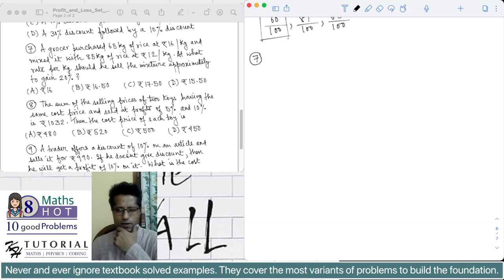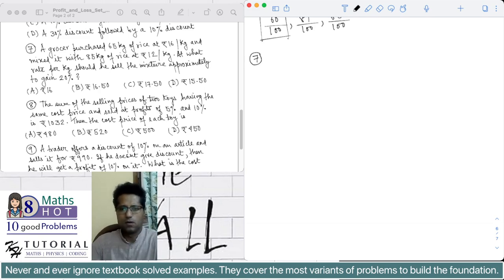And then we have to find the total cost price. And from that cost price, we have to see what must be the selling price to make 20%. And from that, we can find what will be the rate per kg of the selling price.